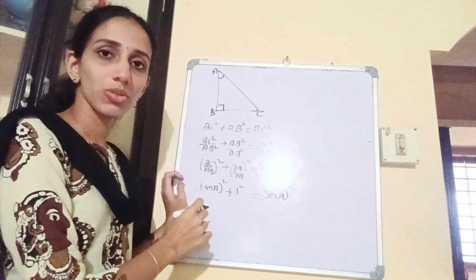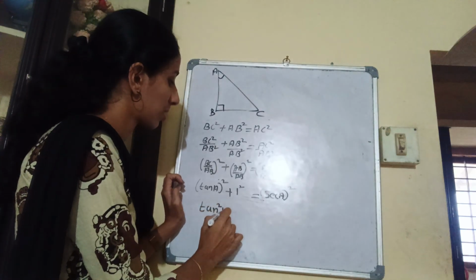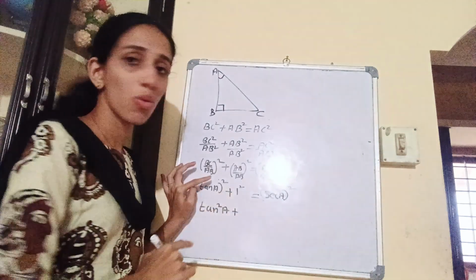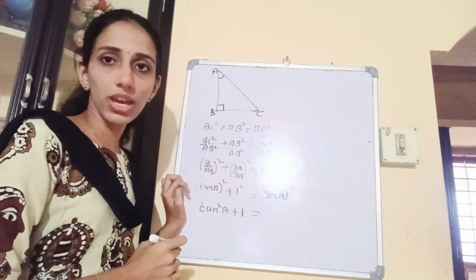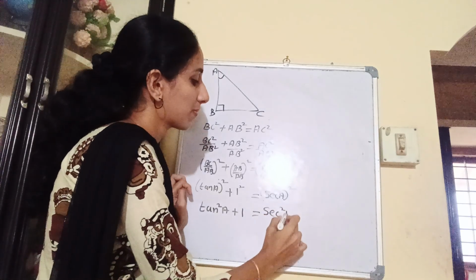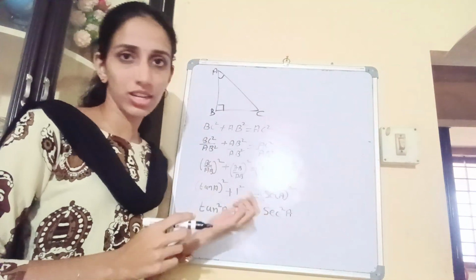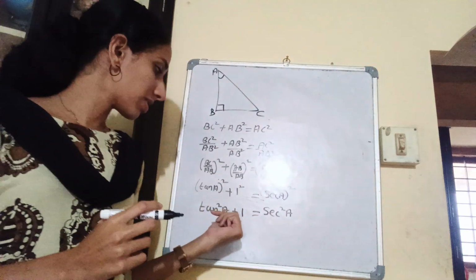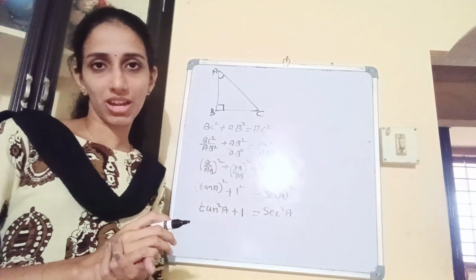So tan square A plus 1 square, which is 1, is equal to sec A whole square, that is sec square A. So this is the last trigonometric identity: tan square A plus 1 is equal to sec square A.